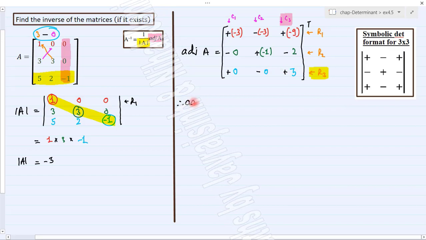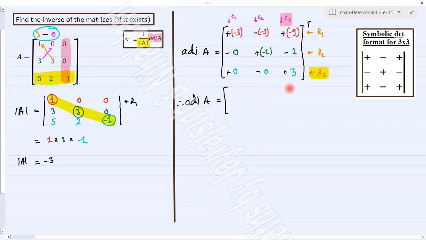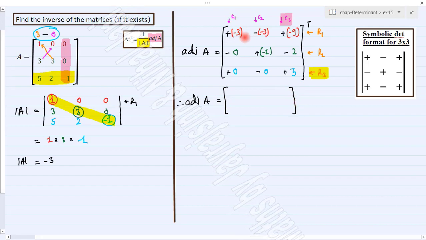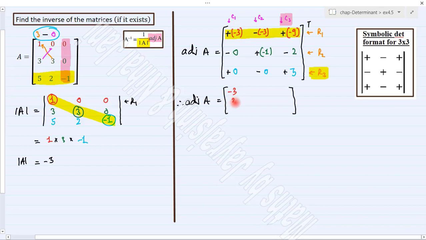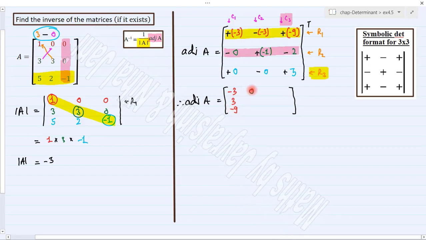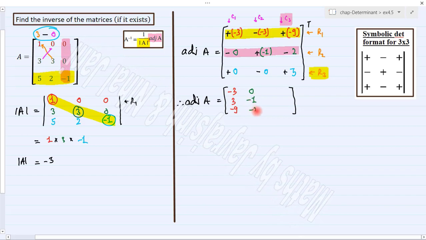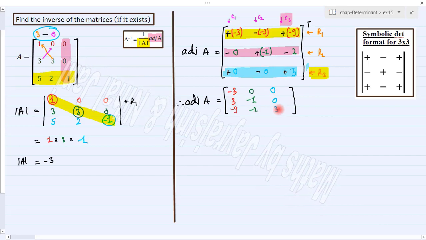Now, your adjoint of A is nothing but transpose of this matrix. So let's convert its first row into its first column. Then second row will become its second column. And last row will become its last column.